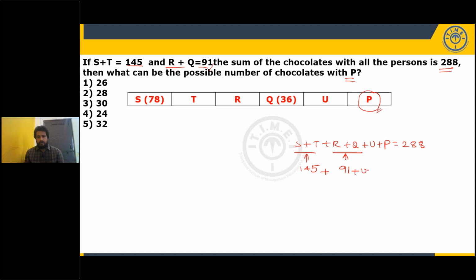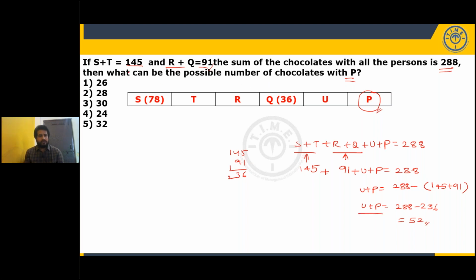So U plus P is equal to 288 minus (145 plus 91). What is 145 plus 91? It is 236. So U plus P is equal to 288 minus 236, which is equal to 52.